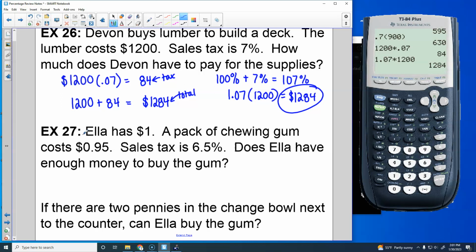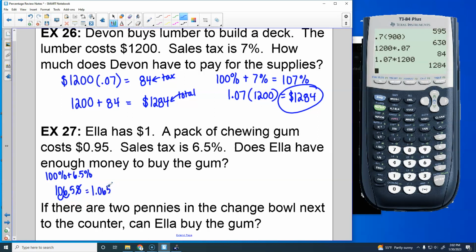Okay, so let's think about doing this not as two separate steps, but all together. If sales tax is 6.5%, I'm going to write this part down, but I would normally do this in my head. That means she's got to pay 100% plus 6.5%, which is 106.5%. And if we move that decimal 2 places, we get 1.065.